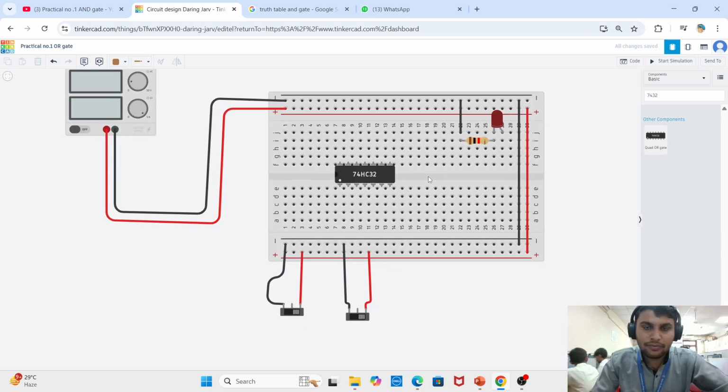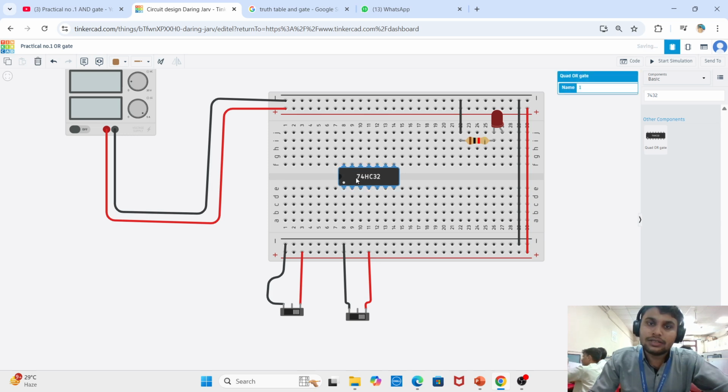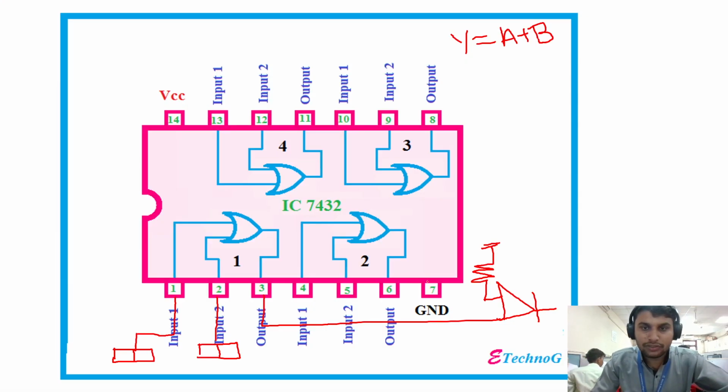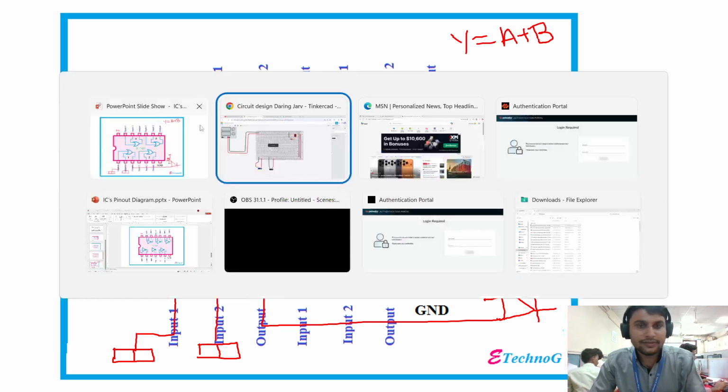After placing it on the breadboard, the first priority is to connect the power supply. The ground goes to the negative and the positive supply goes to pin number 14. We already know that in IC 7432, pin number 7 is ground and pin number 14 is VCC.